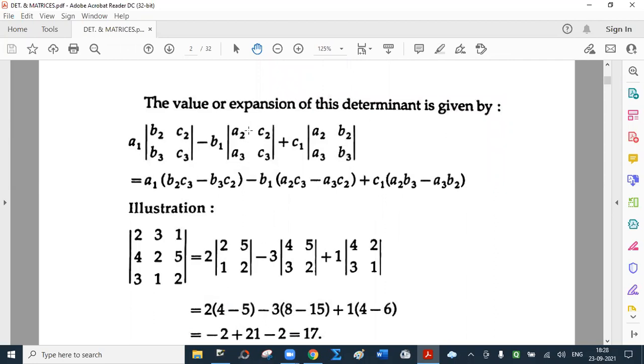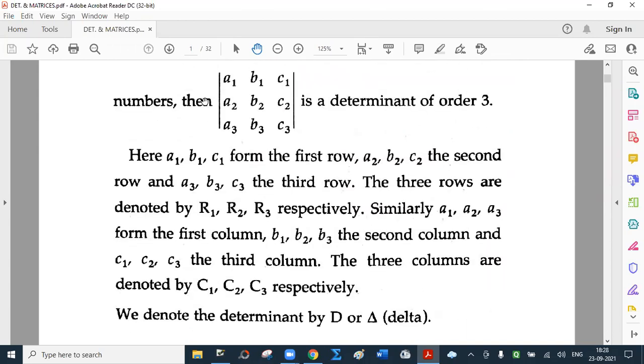Now the value or expansion of this determinant is given by, I'll tell you the rule in words. Elements in the first row are multiplied by determinants obtained by omitting the row and column in which it occurs, signs of the products being alternately positive and negative.